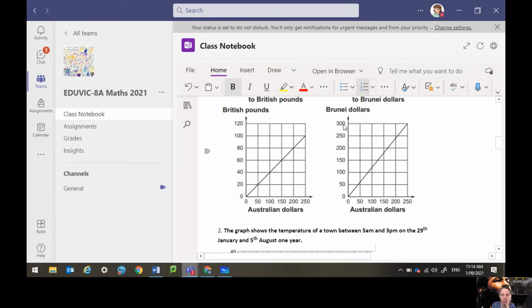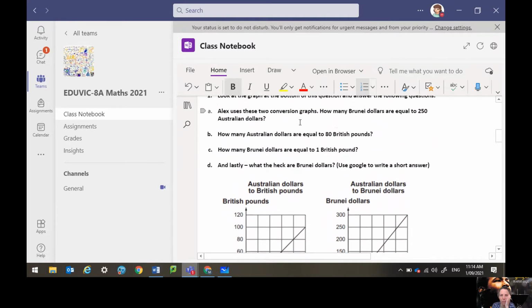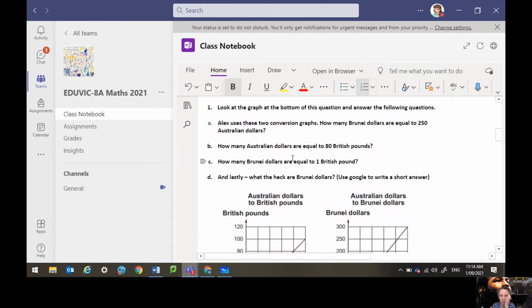So now I'm going to make meaning from the two axes. 250 Australian dollars is equal to 300 Brunei dollars. So that would be the answer to the first one.